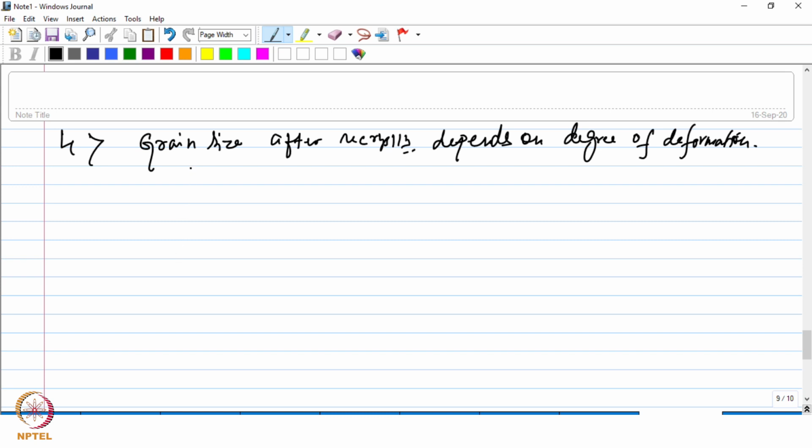The greater the degree of deformation and the lower the annealing temperature, the smaller the recrystallized grain size.